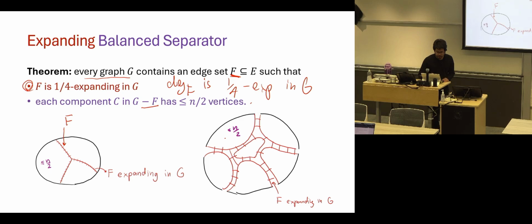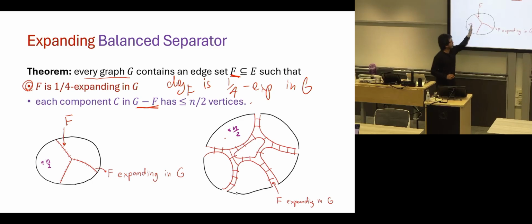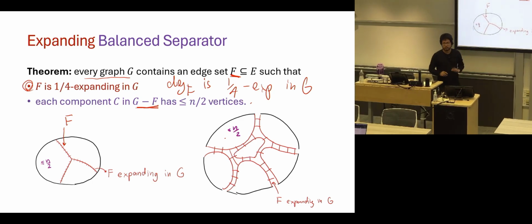That is, when you remove F, then each component has less than n/2 nodes. Okay, so we see this.